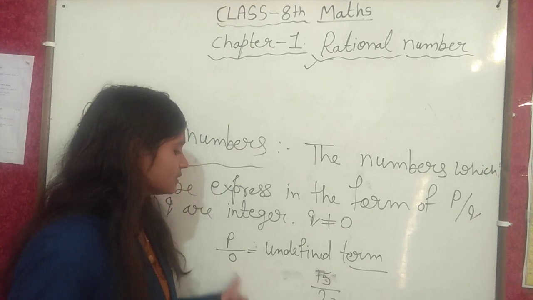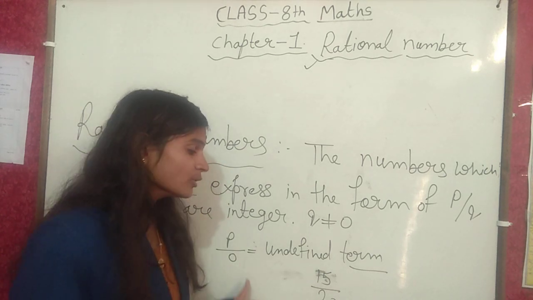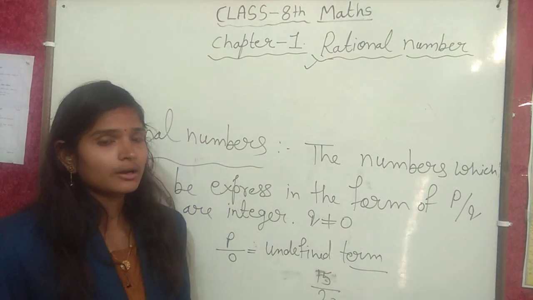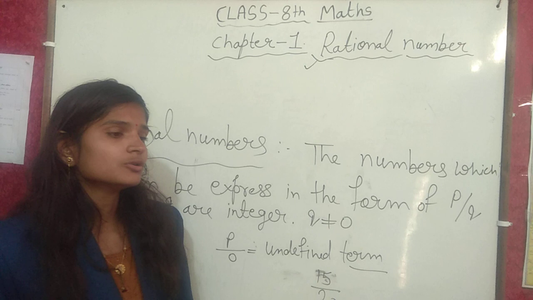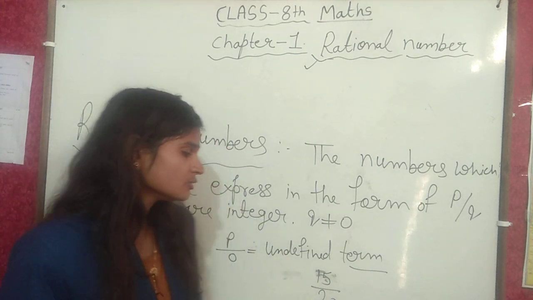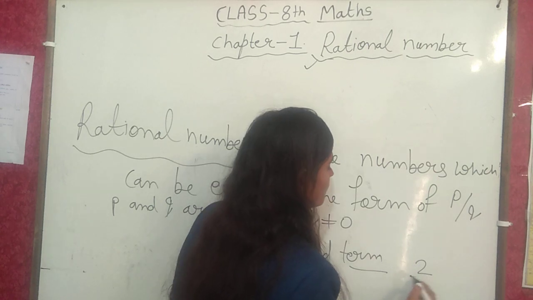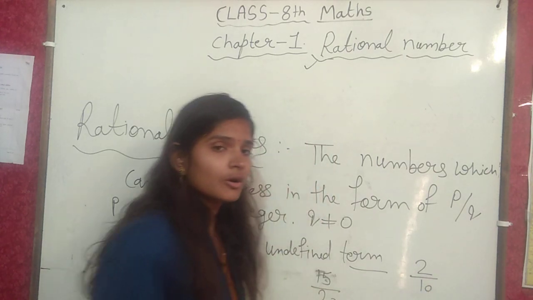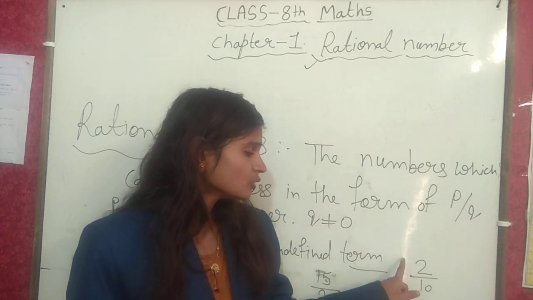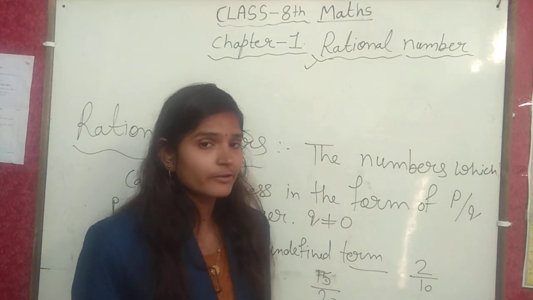But if you take 0, is it possible to get 15 marks from 0? No. If you want to distribute some toffees among 10 friends, you will write 2 upon 10. But can you distribute 2 toffees among 0 friends?